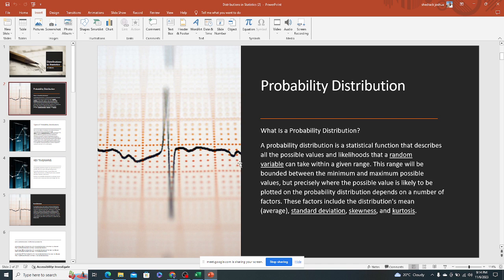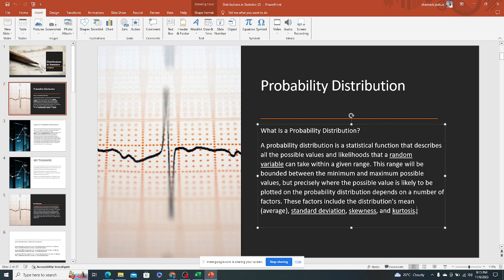It can be the mean that is affecting it, the standard deviation, or skewness and kurtosis which affect our distribution. We'll talk about skewness and kurtosis.